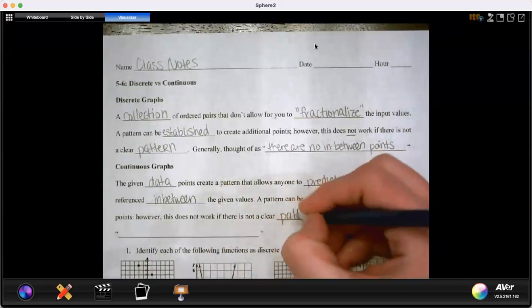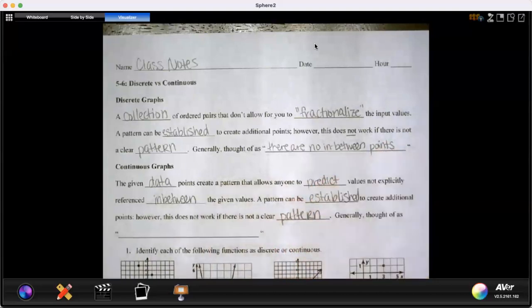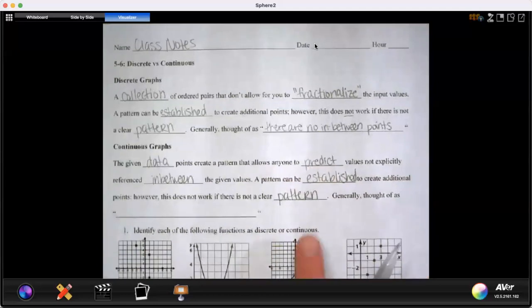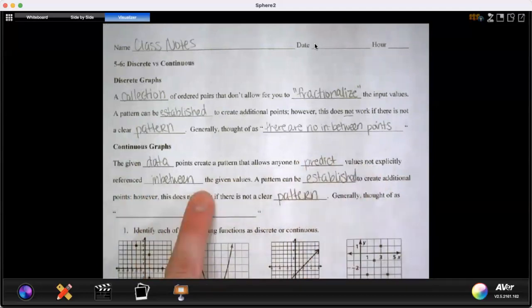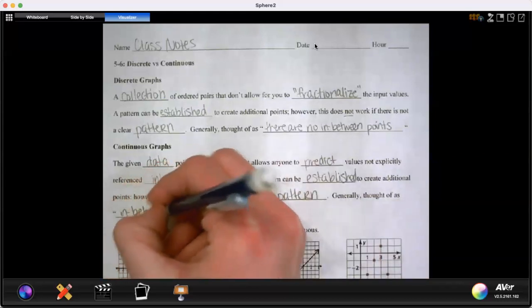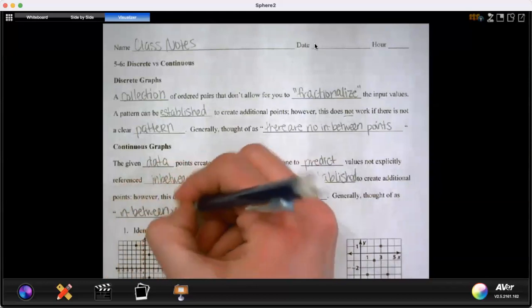So in both scenarios, you might only be able to graph what you were given, but if there's a clear established pattern, you can find more points. But in general, continuous graphs, because you can predict values that are in between the given values, we generally think of this as in-between values exist.